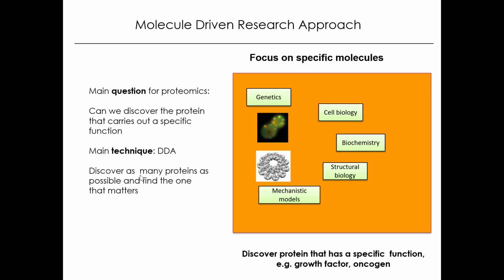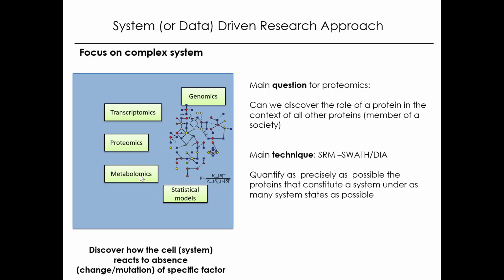So now let's go over to what we are really discussing here in this course, but also in many different contexts. This is the systems biology or data-driven research, which has become very prominent, and it is used also in many research institutions.